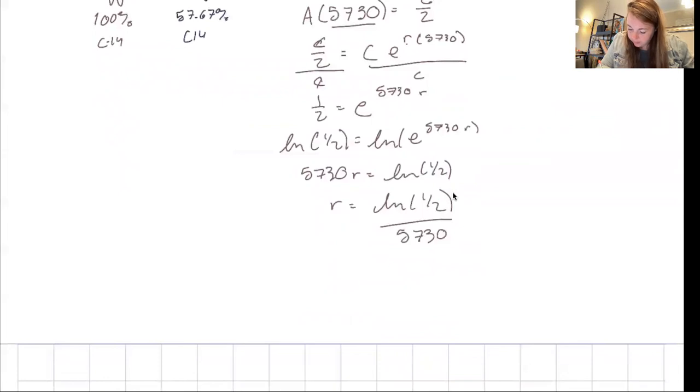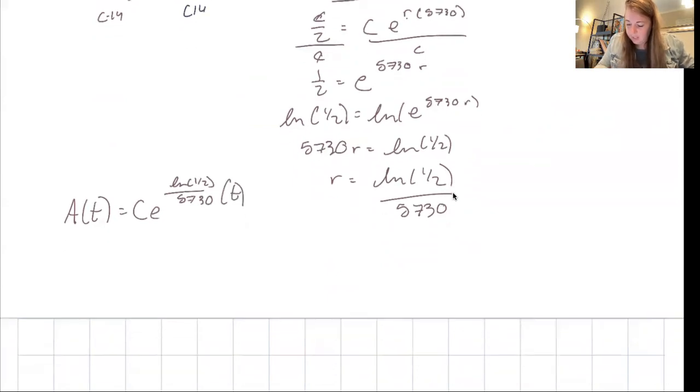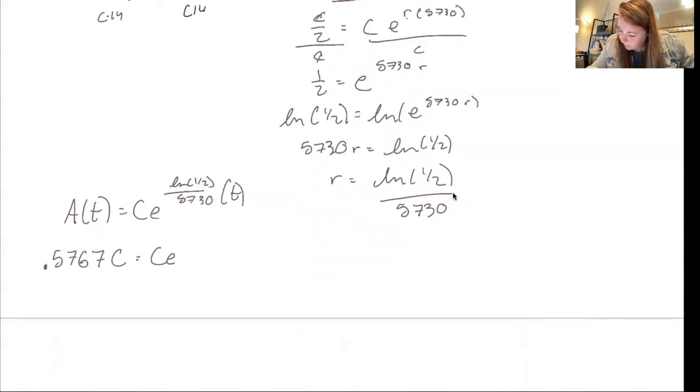How can I have more than half if I've already gone past one half-life? So with that R, we can say that A of T equals C e to the ln of 1/2 over 5730 T. And then I can set this equal to 0.5767 C. So what I'm doing here is saying that he had that much percent of what he started with, right?